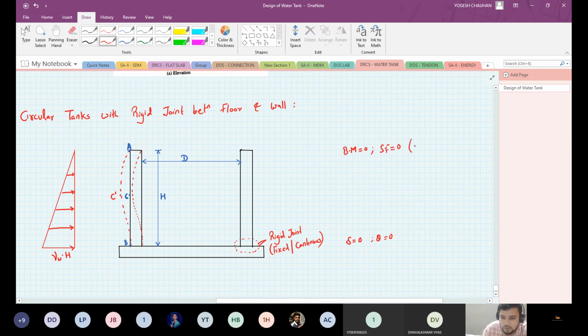This is for free at the top and fixed or continuous at the bottom. Since this is fixed at the base, the deflection will be zero and slope will be zero. You can see the deflected shape. And at the top, the bending moment and shear force will be zero.